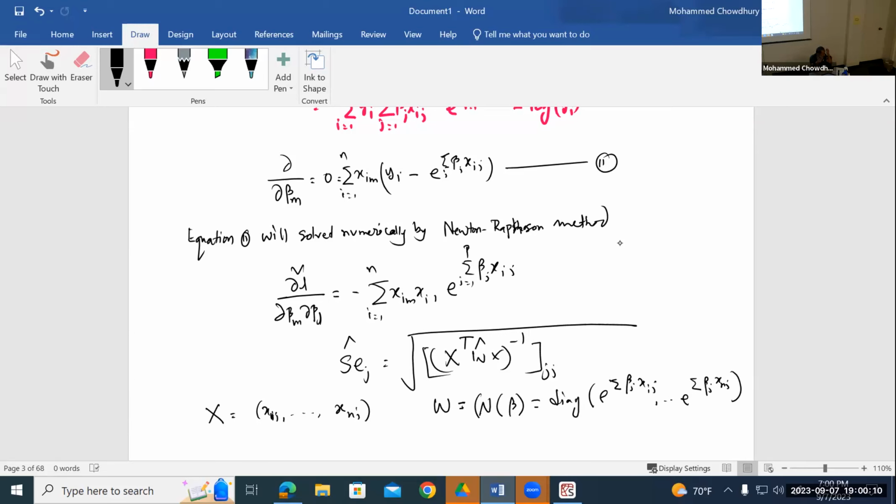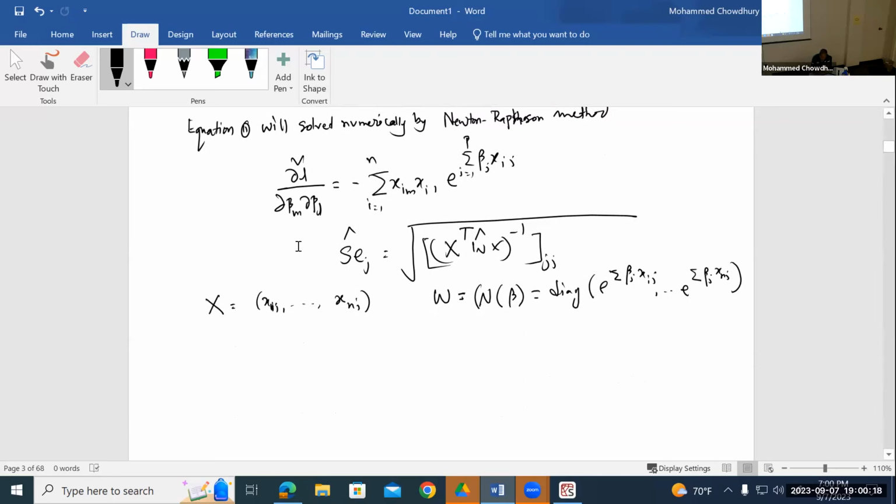Then they find the second order derivative that I mentioned in terms of X and W. With this X and W, they find the second order derivative, this one. Then it is easier to compute all of those things from the matrix.